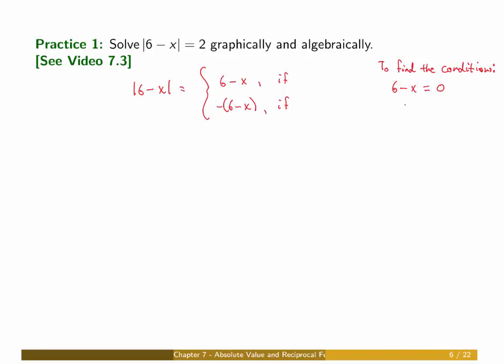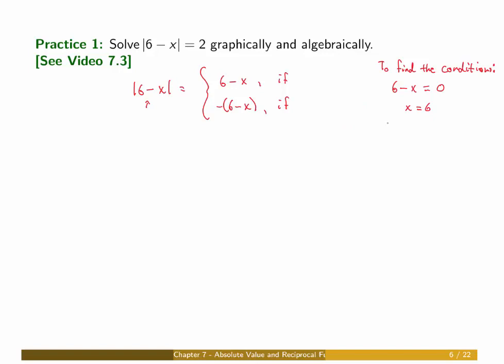In this example, you can see right away that x is equal to 6. So the question is, if I was to plug in values greater than 6, would I get negative values or positive values?